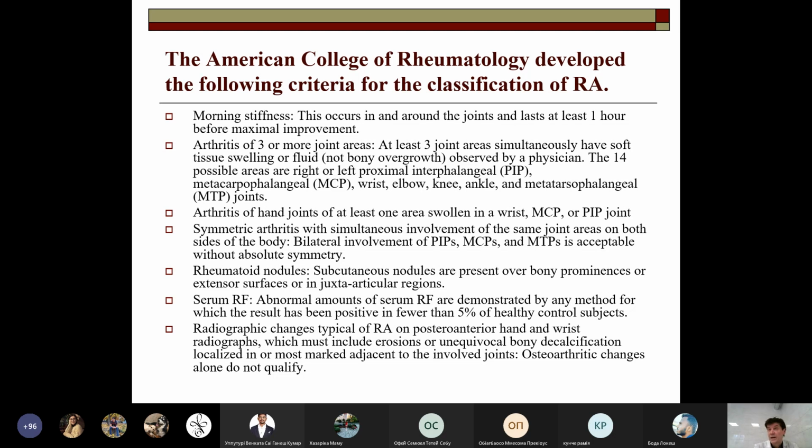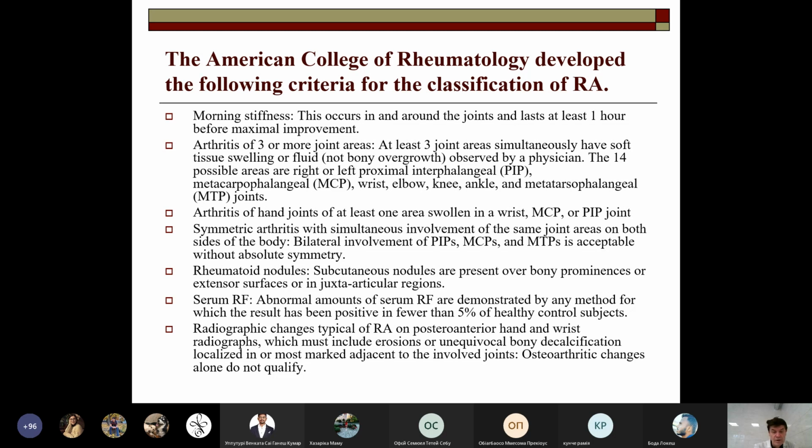This reaction is closely linked with digital vasculitis, which is frequently observed in patients with rheumatoid arthritis in its systemic form.